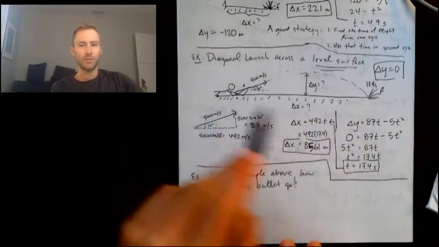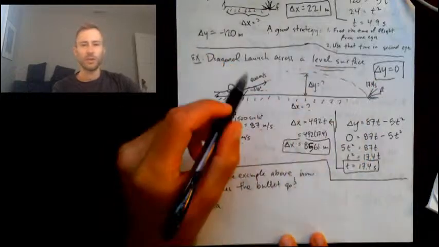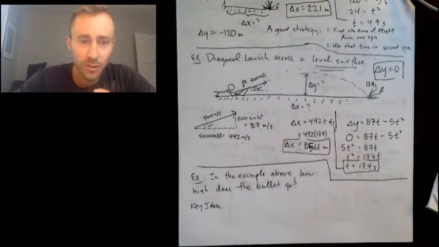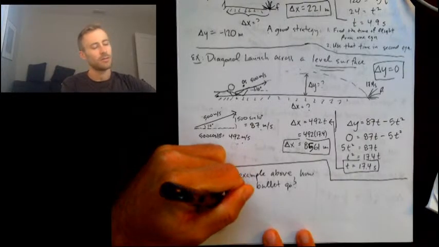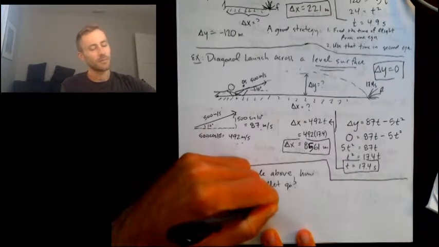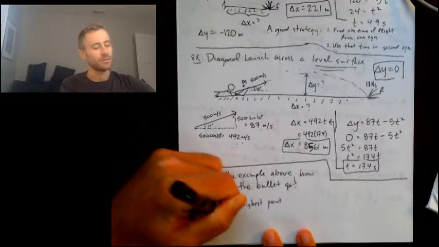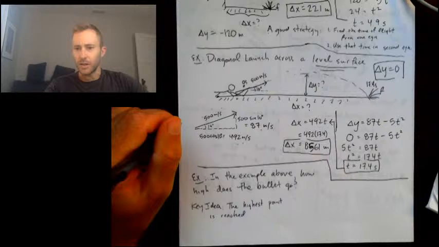Okay, so here's 0 seconds when it's launched. Here's 17.4 seconds. So at what time do you think it's going to reach the highest point? Type it into the live chat if you know the answer. While I'm waiting for the answer, the highest point is reached... okay, so yeah, people are typing in half, the midpoint, yeah.